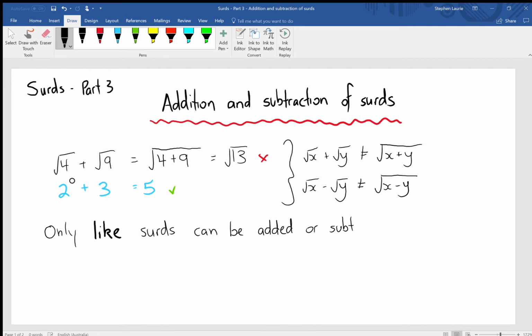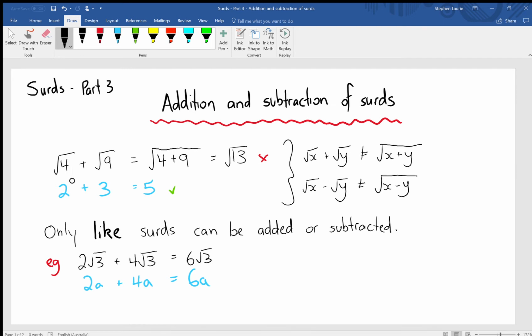And so if we replace a surd with a pronumeral, it might make a bit more sense. So let's say we had an example, 2 root 3 plus 4 root 3. Well, if we thought instead that this is like 2 lots of A plus 4 lots of A, we would say, okay, A, like terms, so I can add them together. 2 lots of A plus 4 lots of A is 6 lots of A. So with our surds, if we've got 2 lots of root 3 plus 4 lots of root 3, that's 6 lots of root 3, so we can add those.